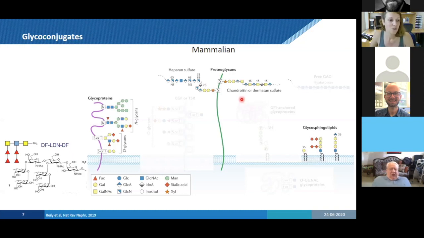For example, there are glycoconjugates, so glycans attached to a protein, either via an asparagine, called N-glycans, or via serine or threonine, called O-glycans. But you can also have glycans attached to lipids, called glycolipids, and for example also proteoglycans with even longer structures, which you can also think about in terms of the glycocalyx.